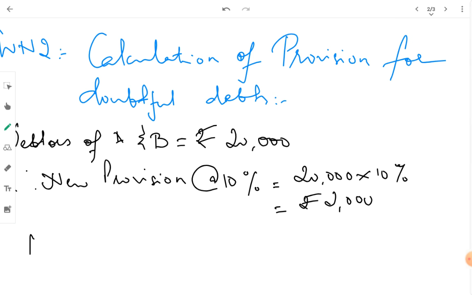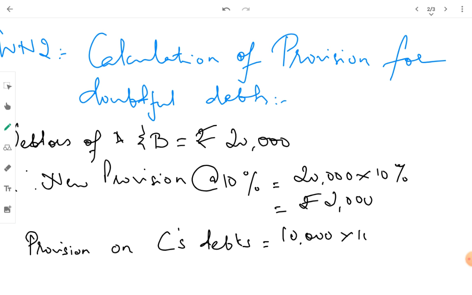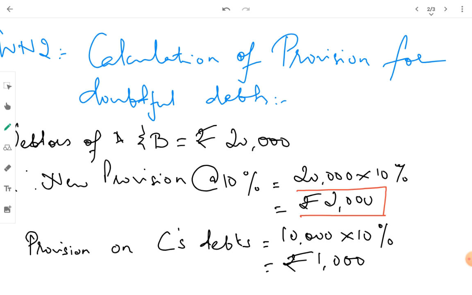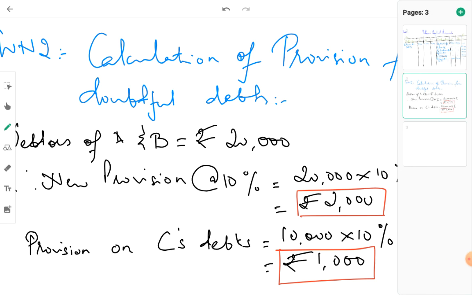And provision on C's debtors, his total debtors are rupees 10,000 and 10% provision gives us rupees 1,000. So you have two amounts for provision. The first amount for provision is this amount, which is to be shared between A and B, and the second amount for provision for doubtful debts is this 1,000 rupees, which is going to be exclusively only for partner C.